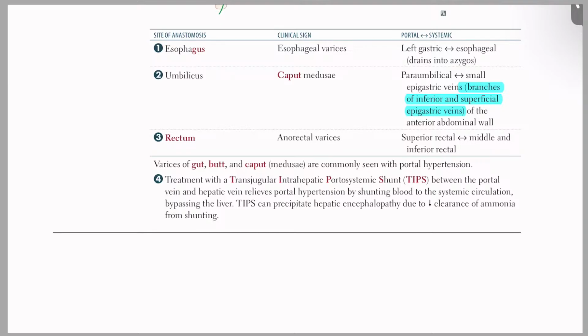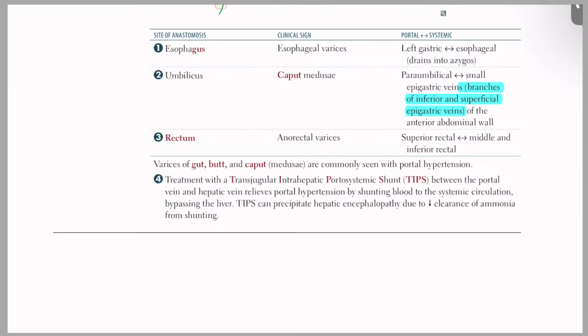Umbilicus: caput medusae; paraumbilical veins drain into small epigastric vein branches of inferior and superior epigastric veins of the anterior abdominal wall. Rectum: anorectal varices; superior rectal, middle and inferior rectal. Varices, but caput medusae are commonly seen with portal hypertension.